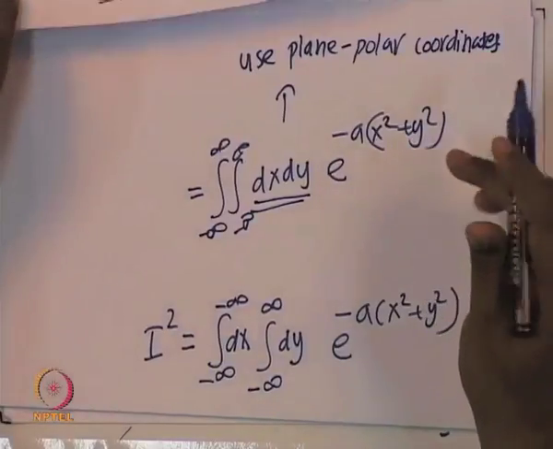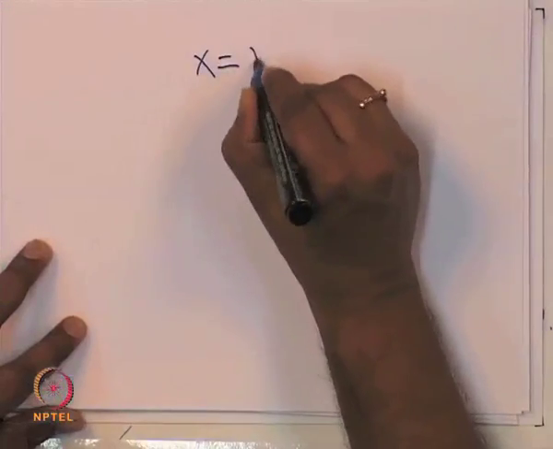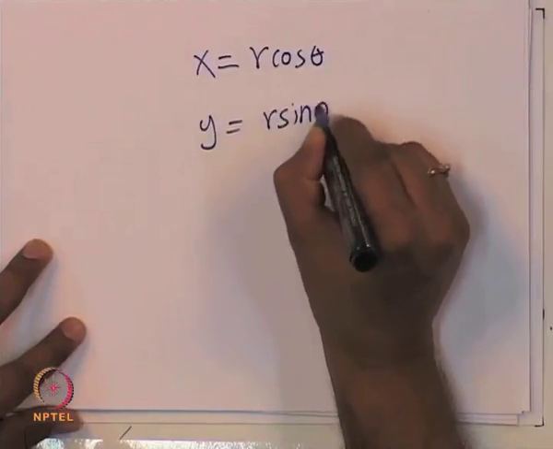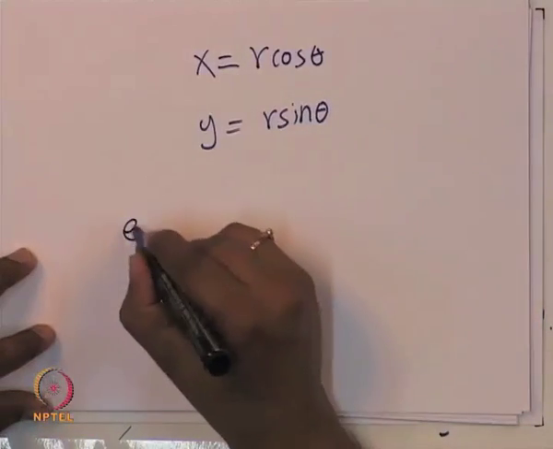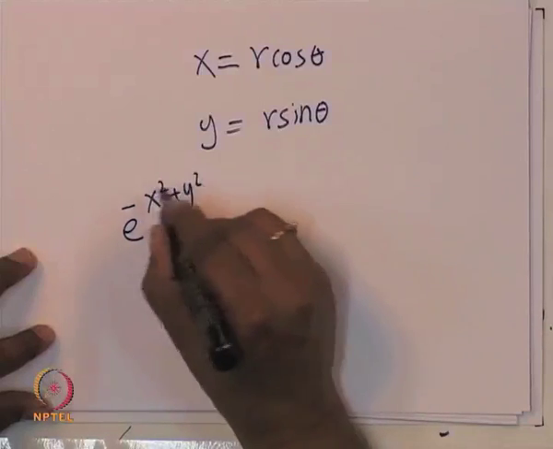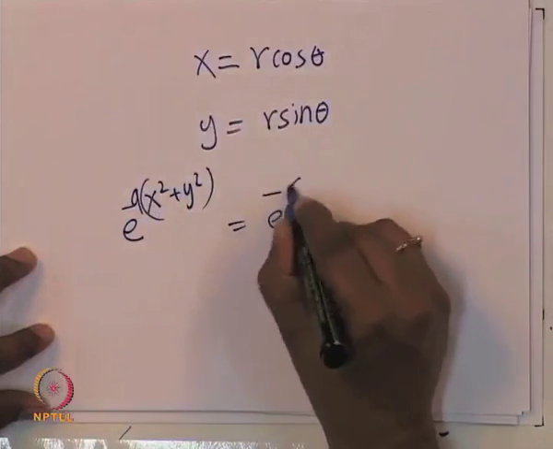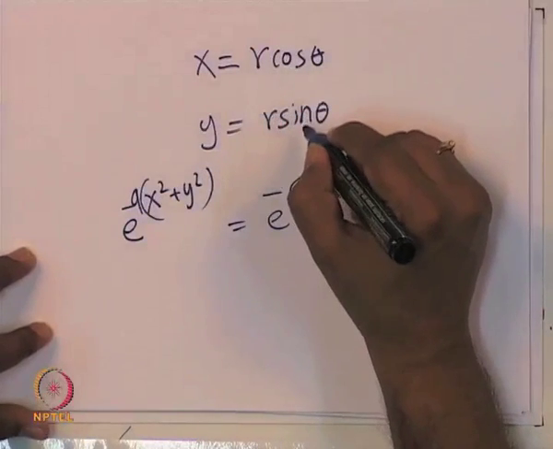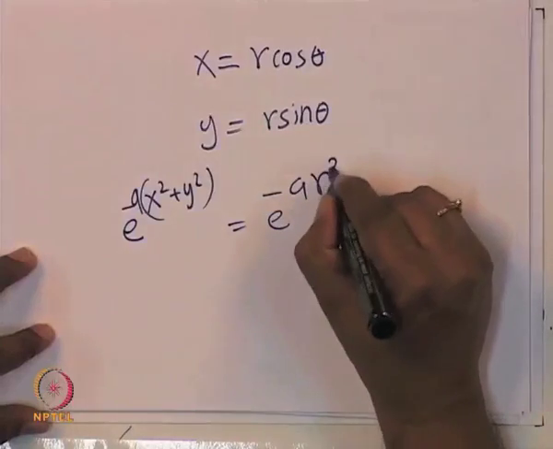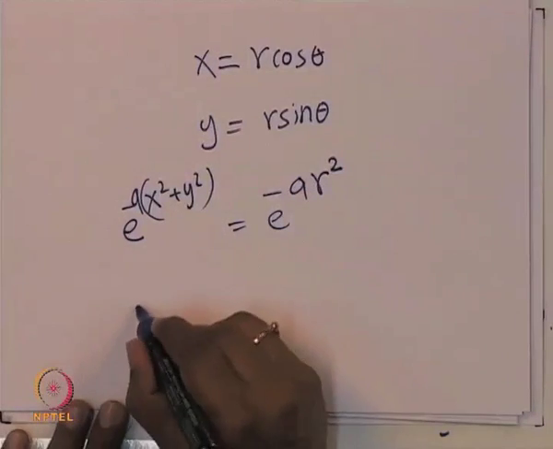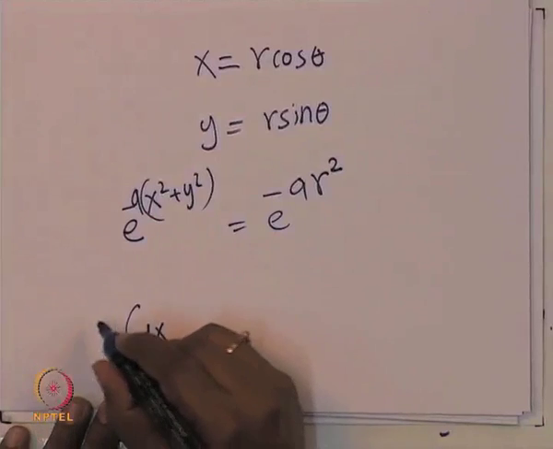So, if I use plane polar coordinates r and theta, I can substitute x is equal to r cos theta and y is equal to r sin theta. So, e power minus a times x square plus y square will be e power minus a into r square cos square theta plus r square sin square theta, which is just r square. So, it will be e power minus a r square. Then we have an integral which is dx and dy.